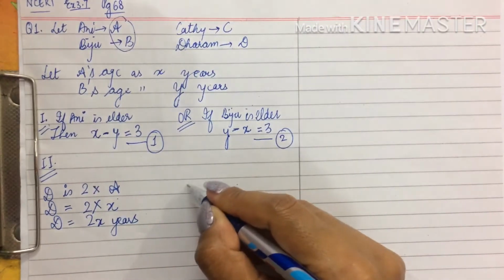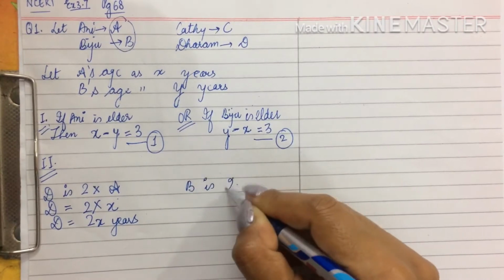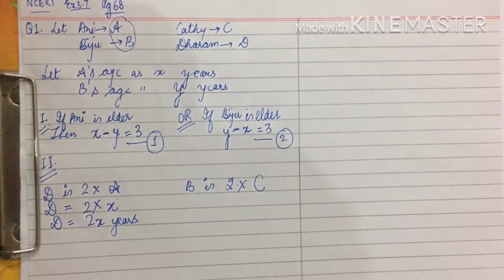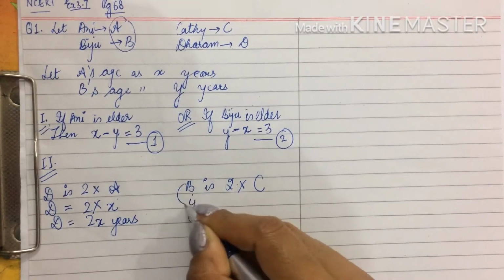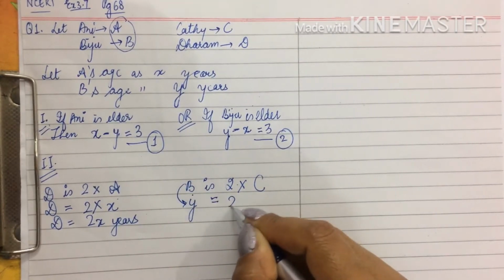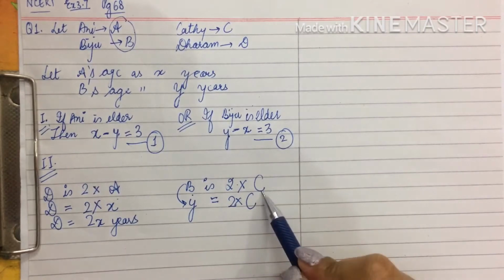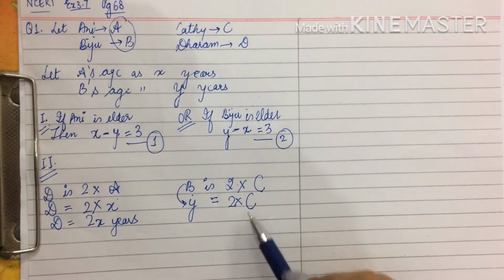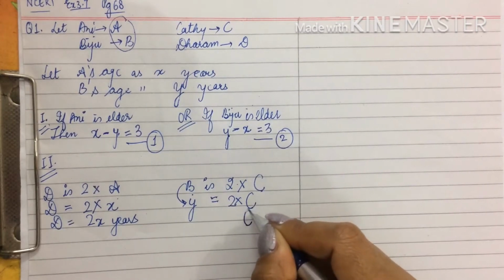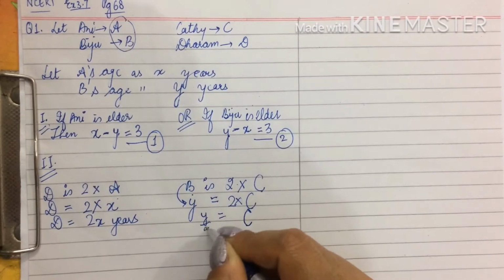And they are saying that Biju is twice as old as Kathy. So Biju's age has been represented by y. This is equal to 2 into C. We do not have any variable to represent the age of Kathy, so I'm writing it as C. From here, Kathy's age comes out to be y by 2.